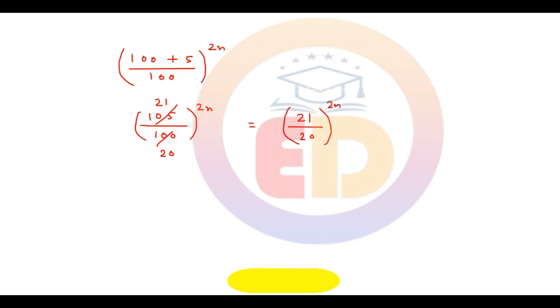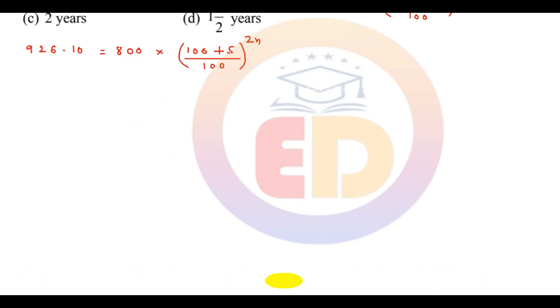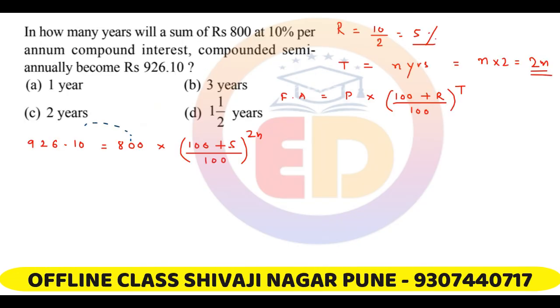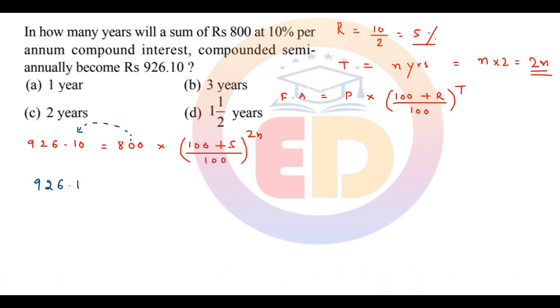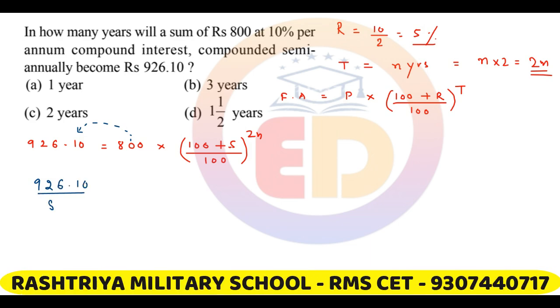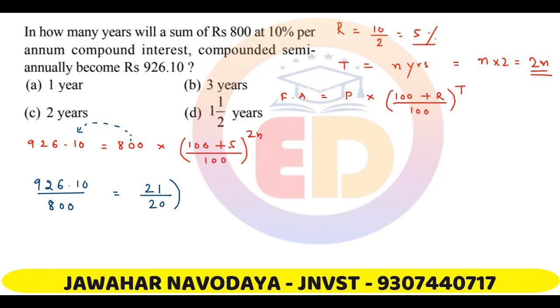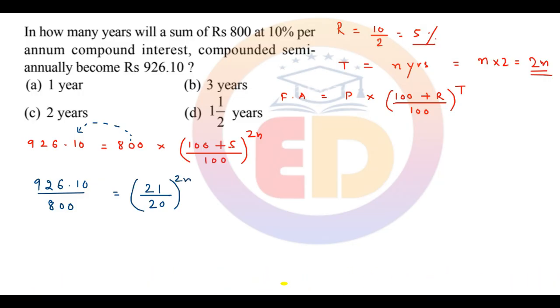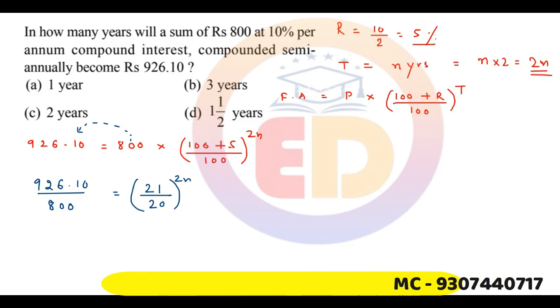Now let's go back to the question and place this. Take this 800 from right side to the left side. Will become 926.10 upon 800 equals 21 upon 20 to the power of 2n. Now this 926.10 upon 800, it's quite visible, but for you I'll simplify this.